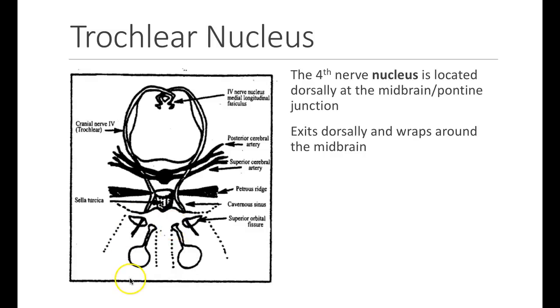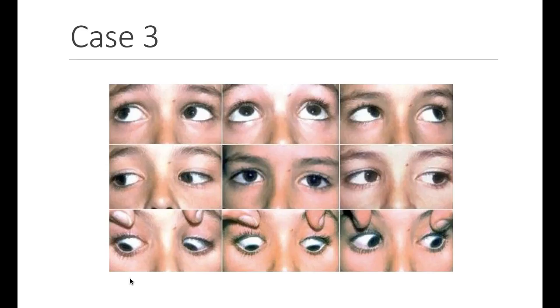At that point, it moves into the orbital apex to supply the superior oblique muscle. So when patients have a lesion of the superior oblique muscle, they will have weakness that is evident when looking down and towards the nose.